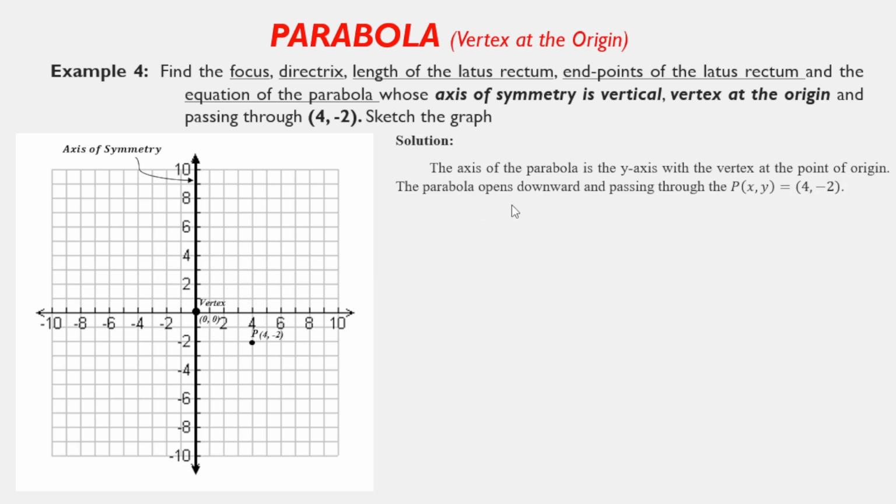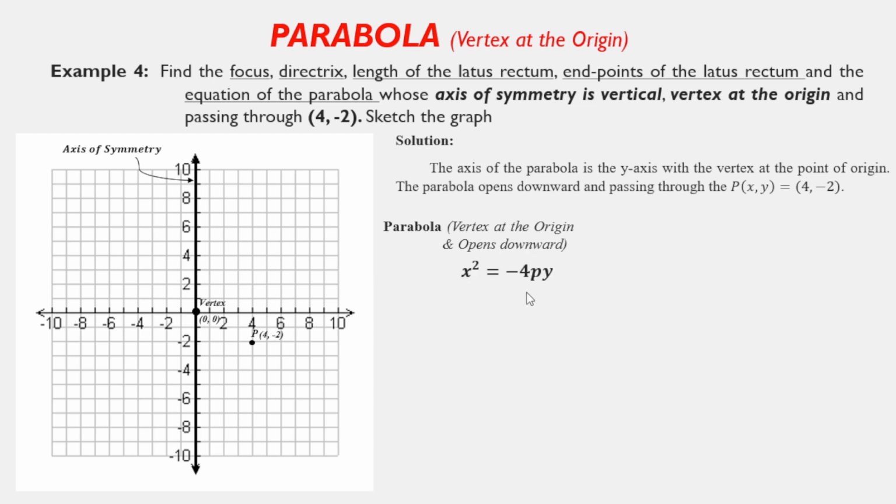The parabola opens downward and passes through the point P(x, y). We let point (x, y) be the coordinate (4, -2). Then we have an idea that the parabola opens downward. Recalling the standard equation of the parabola whose vertex is at the origin and opens downward, the equation is x squared is equal to negative 4py.